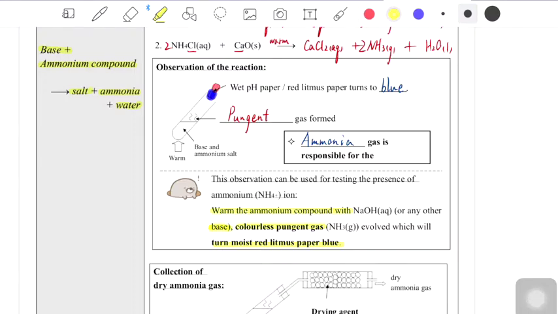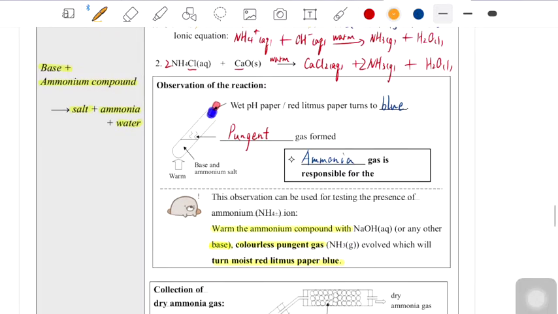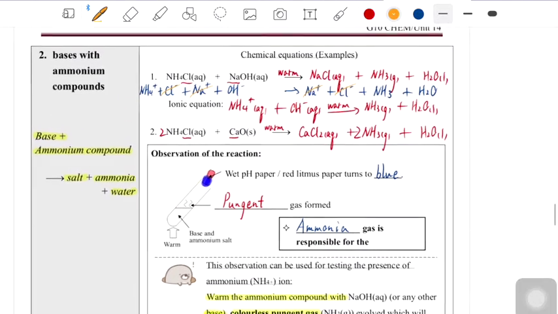There are other kinds of gas which have a pungent smell, but only ammonia is an alkaline gas. So by doing the test, we could show that this is ammonia, which comes from the ammonium ion in the compound. Please put a star. This is an important reaction in this unit.